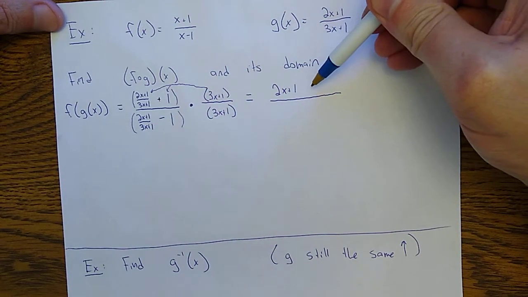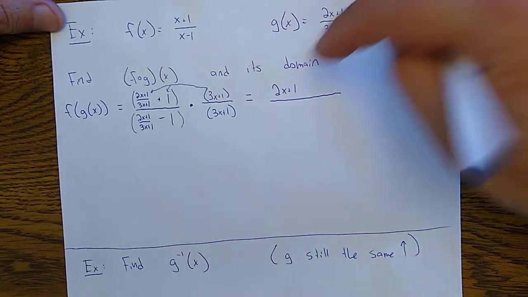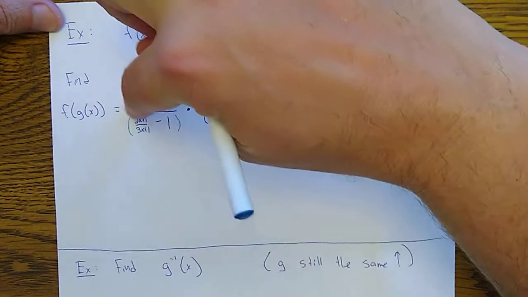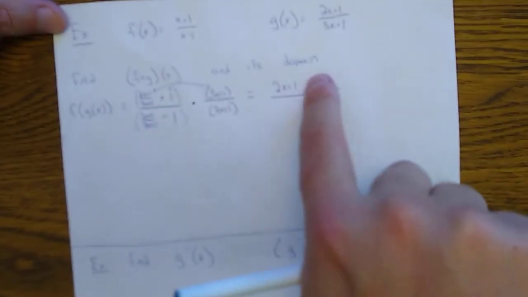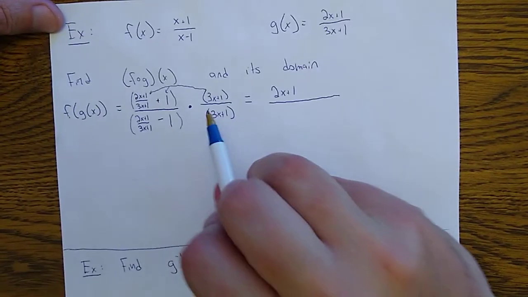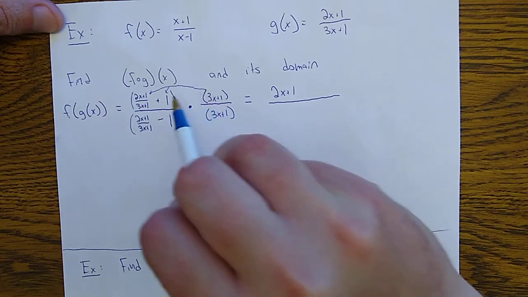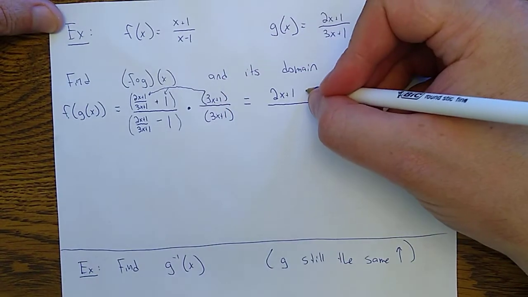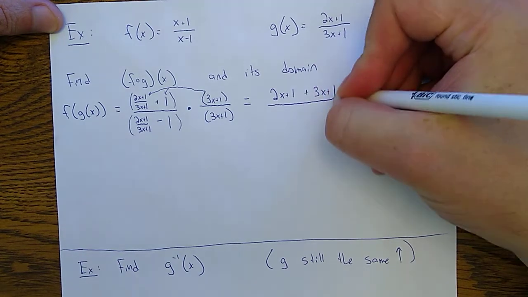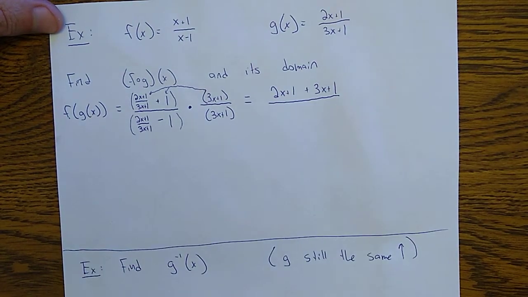Now, a lot of people would make the following mistake. They would say, well, this already canceled, so now I just have to write plus 1. But actually, no. This has to get multiplied here as well. So 1 times 3x plus 1 is like that.